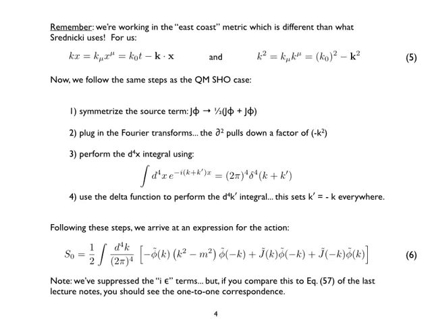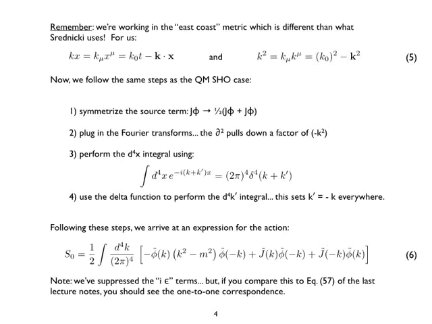And if you had to put it in by hand at this point, if I asked you where's the I epsilon, you'd say it's inside that term, k squared minus m squared. So let me be explicit here. We would have minus phi twiddle k, and then k squared minus m squared, and then phi twiddle minus k.